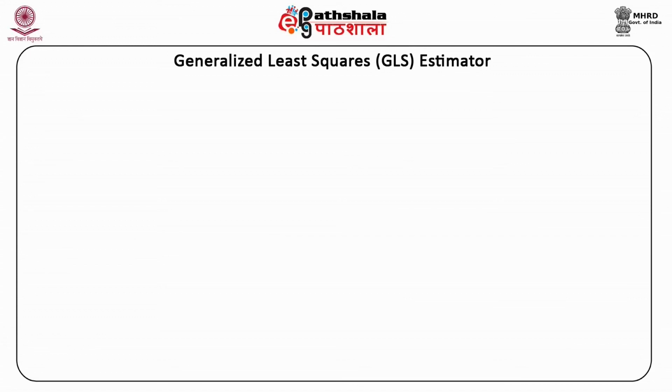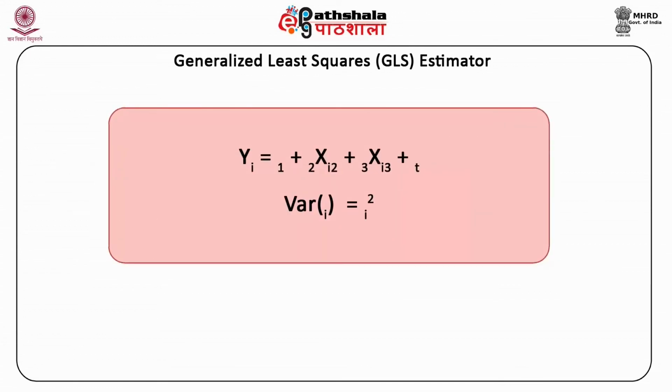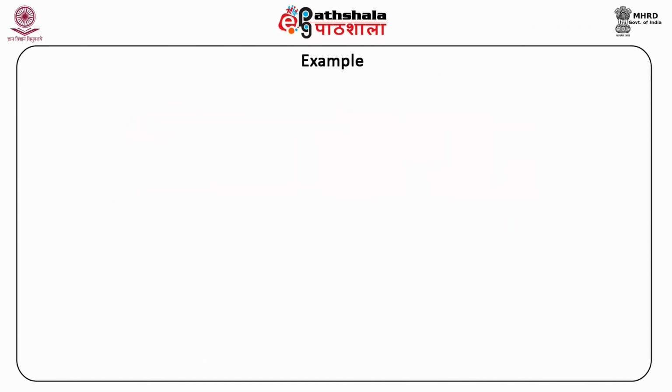To understand it better, consider the following general linear regression model with heteroscedasticity. This model has two independent variables and the variance of its error term is given by sigma squared. Now to derive the GLS estimator for this model, first find the error variance sigma_i squared and take the square root of the error variance sigma_i.